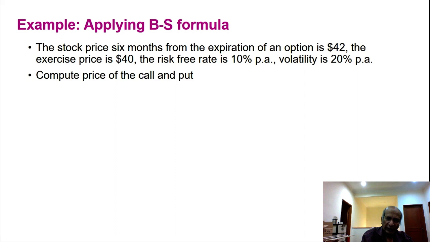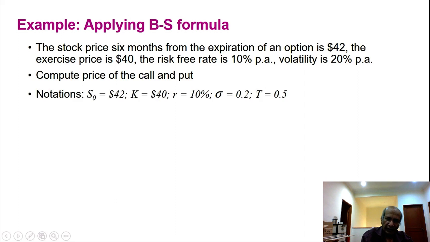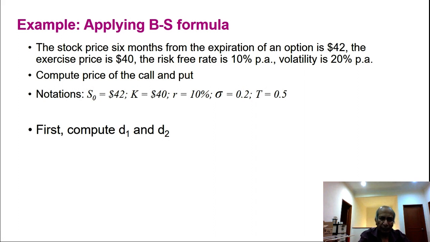So now you can check it out. Compute the price of a call and put. Let us calculate for call. Notations first, you line up the data. S0 is $42, K is $40, r is 10%, standard deviation or volatility is 0.2, time is 0.5 because it's 6 months. Okay. First compute, step by step. The first thing to do is compute d1. That's the first gear of the car. Once you compute d1, then you can use the d1 to calculate the d2.